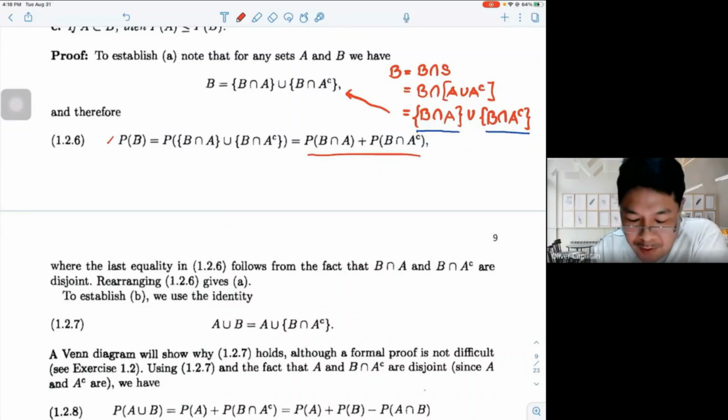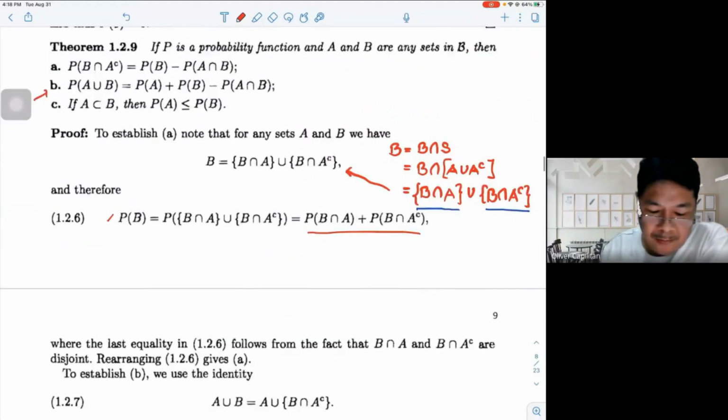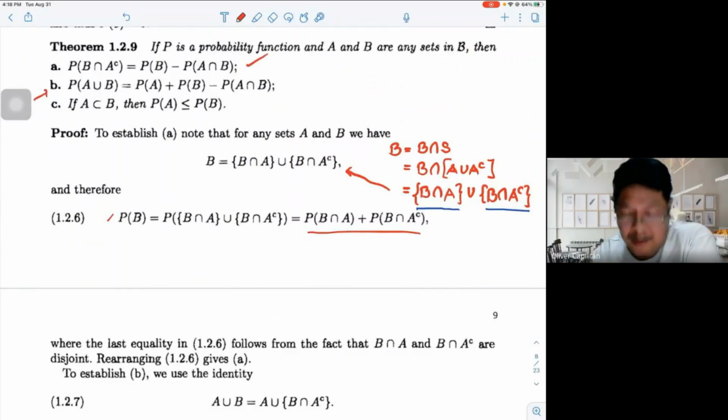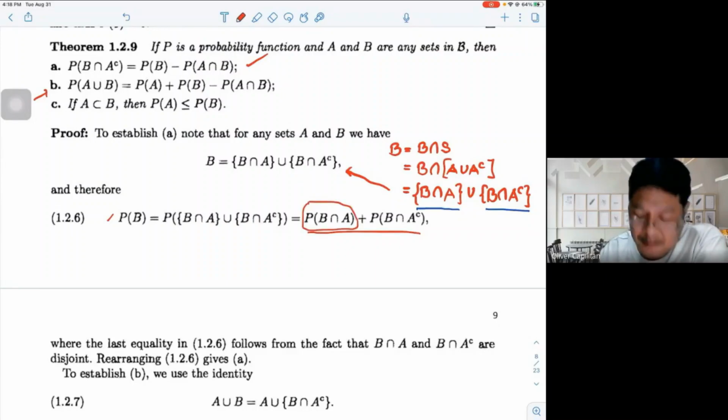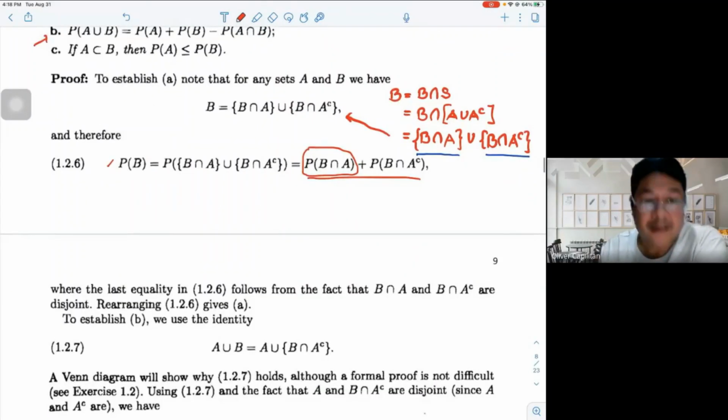You rearrange this, then we can show that the probability of B intersection A complement will be equal to, we just transpose this expression to the other side of our equality. So next, we're going to establish property B. The probability of the union of A and B is equal to the probability of A plus the probability of B minus the probability of the intersection.